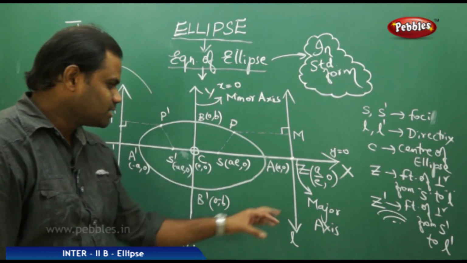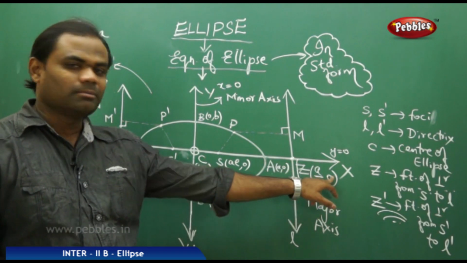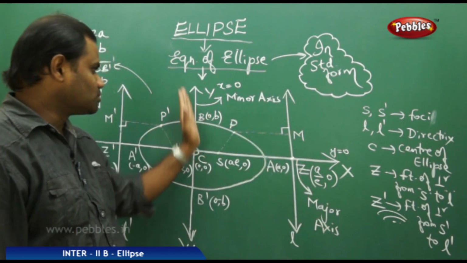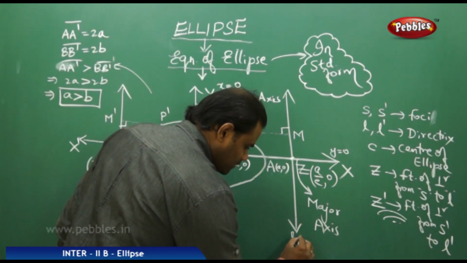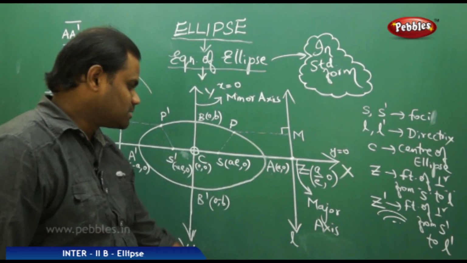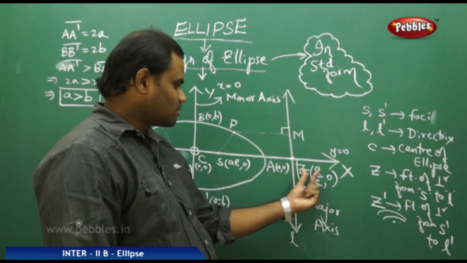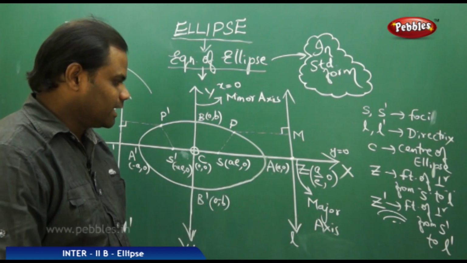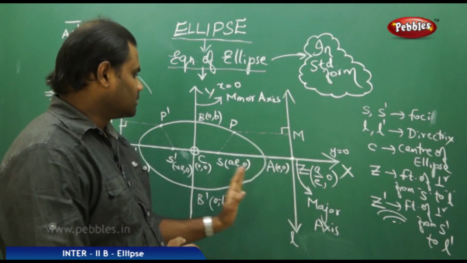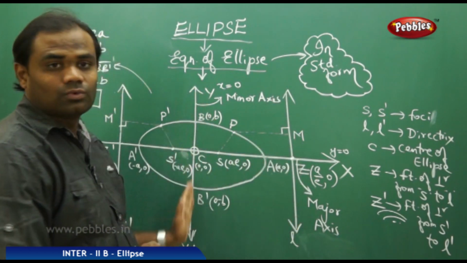Now also, as I see that the coordinates of Z is a by e comma 0 and this line is parallel to the y-axis, therefore the equation of directrix is given by the line which is parallel to the y-axis.